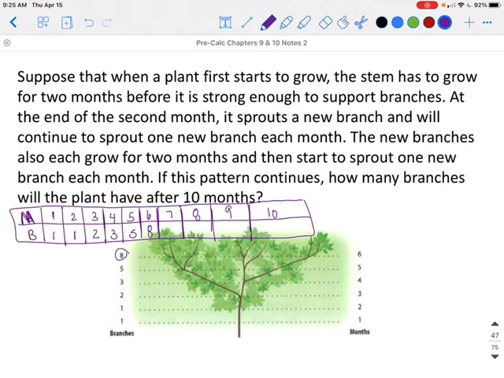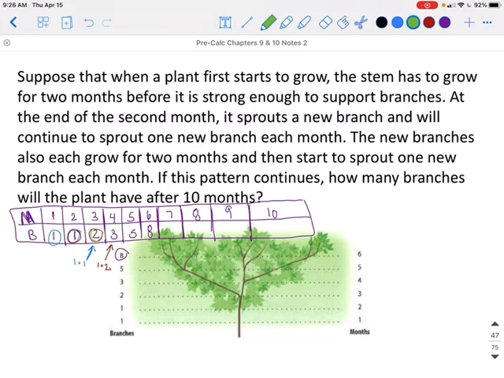Now, if you notice, 2 is equal to 1 plus 1, which is what we had the last 2 times. 3 is equal to 1 plus 2. So we take the two previous answers, we add them together, that's going to give us 3.